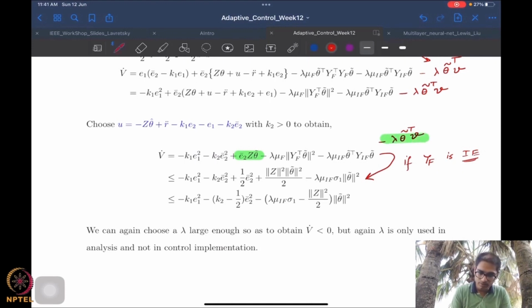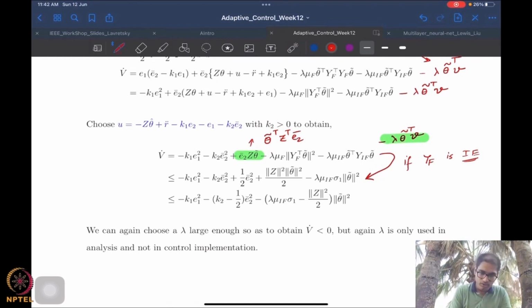Because if I take a transpose of this term, it's theta tilde transpose Z transpose E2 bar. E2 bar is irrelevant because it's a scalar, so I can move it around wherever. But I do have to take a transpose of these terms. So this theta tilde transpose and this theta tilde transpose are sort of matching.